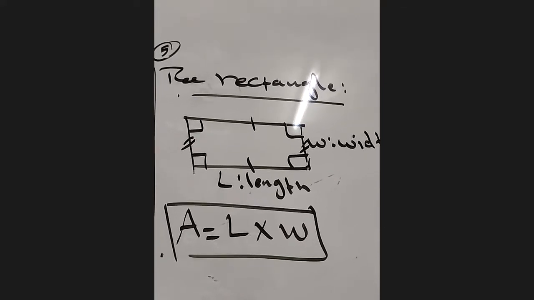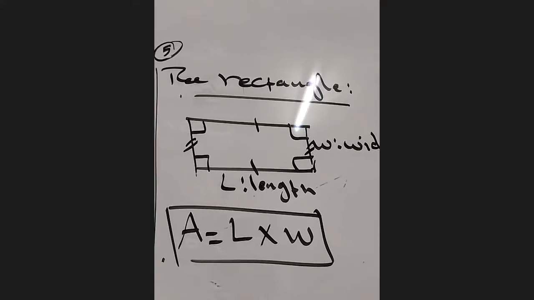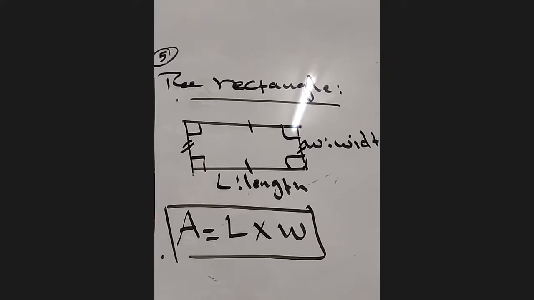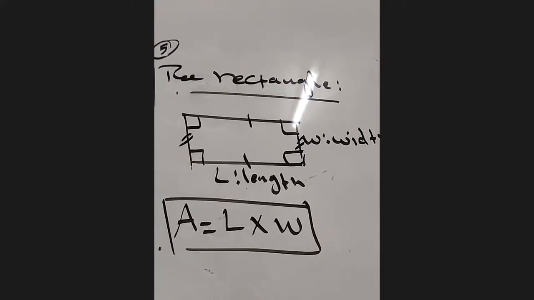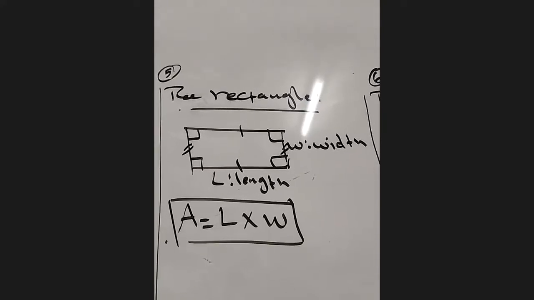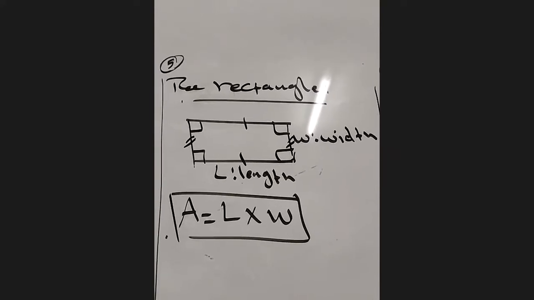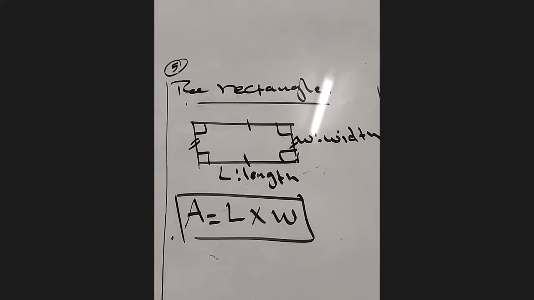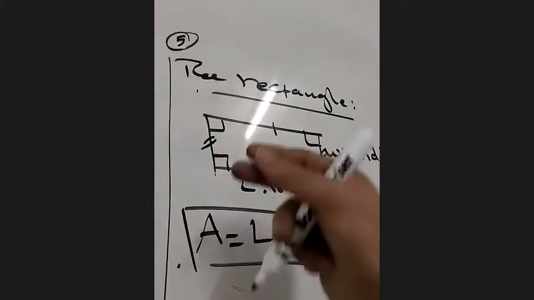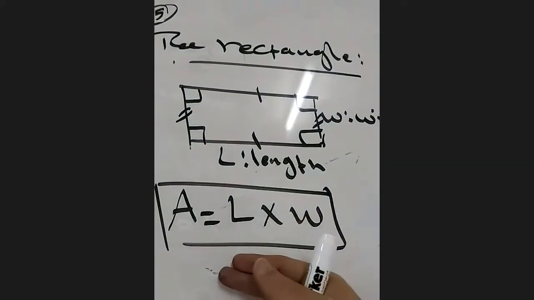In finding the area of the rectangle, what do we need? The length and width. Good. So if we have the length and the width of the rectangle, we can find the area, right?